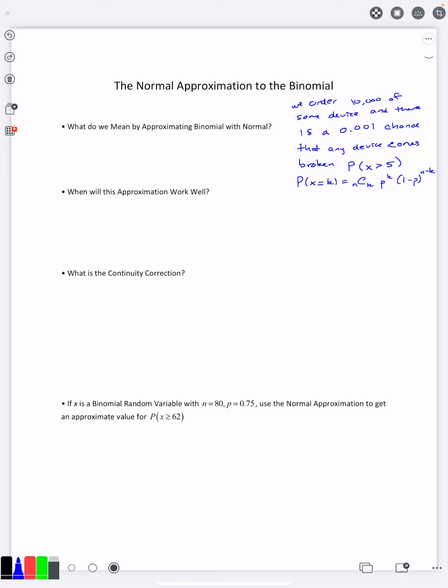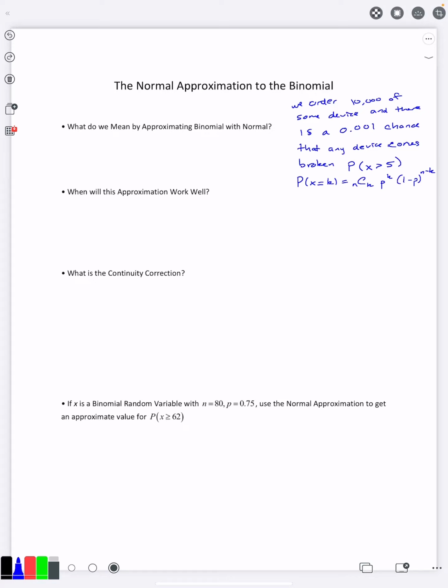And so what they learned is that when you have a large sample size, which is when this can be a problem, we can look at the binomial distribution and it's actually going to be very similar to a normal.